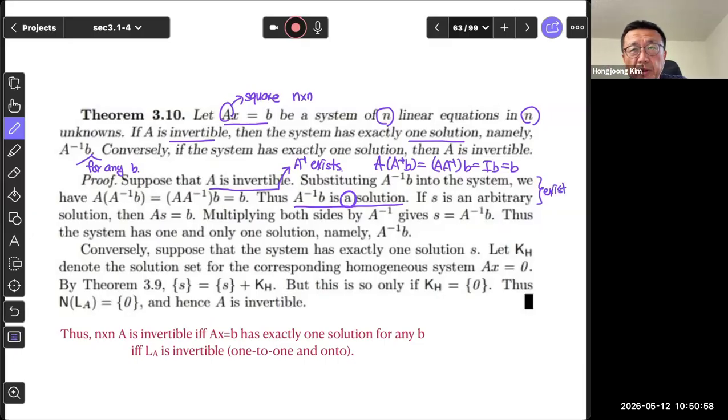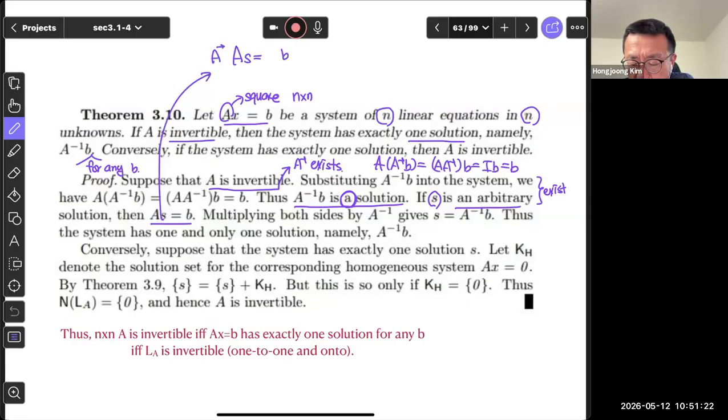Solution exists, right? Now, if S is any solution to this problem, so that A times S is B, then given AS equals B, if I pre-multiply by the inverse of A, you get the identity on the left.